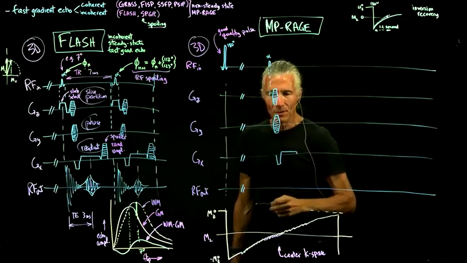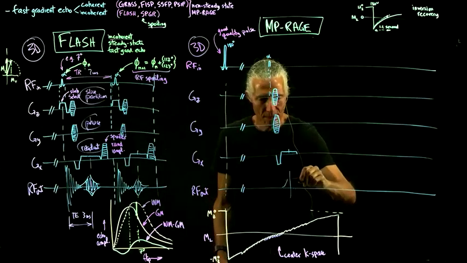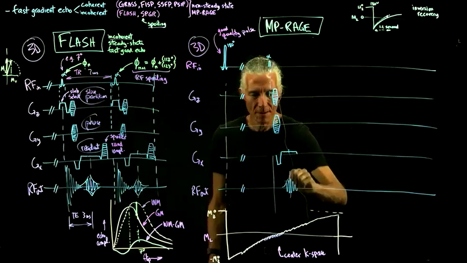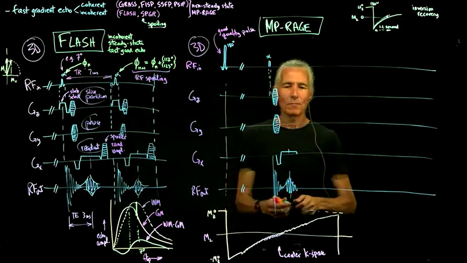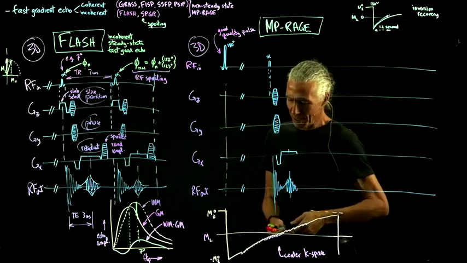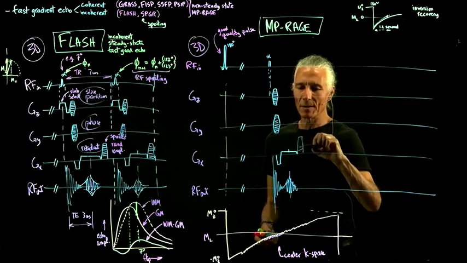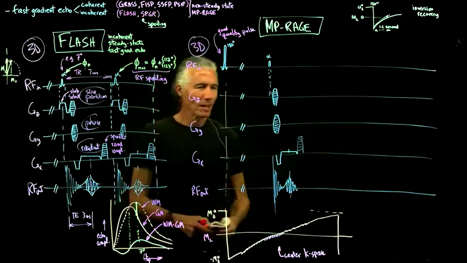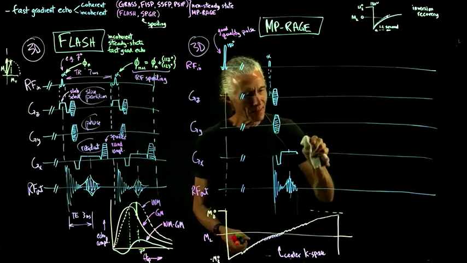And so what signal comes out? Well, here's our echo coming out, and here's the FID that we're not recording. So there's our echo. In the very first version of MPRAGE, they put a spoiler in over here. But it turns out that doesn't work as well, and so the current MPRAGE doesn't have a spoiler.